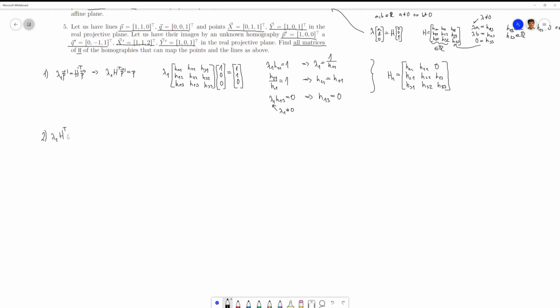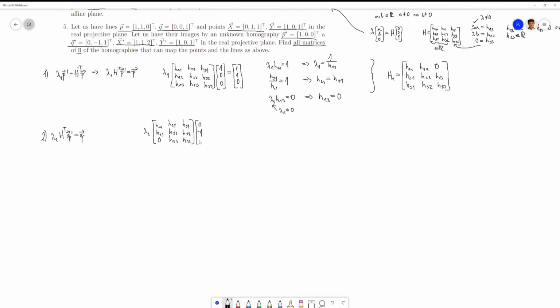Let's apply the constraints for the mapping of line q to q prime. We can use the same trick and express this constraint as lambda 2 H transpose times q prime equals q. If we assign the values, we will have lambda times H transpose times 0, -1, 1 equals 0, 0, 1. So lambda 2 times (h31 minus h21) equals 0, and lambda 2 times (h32 minus h22) equals 0.